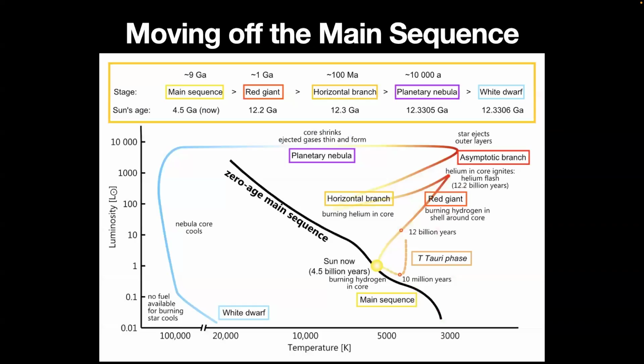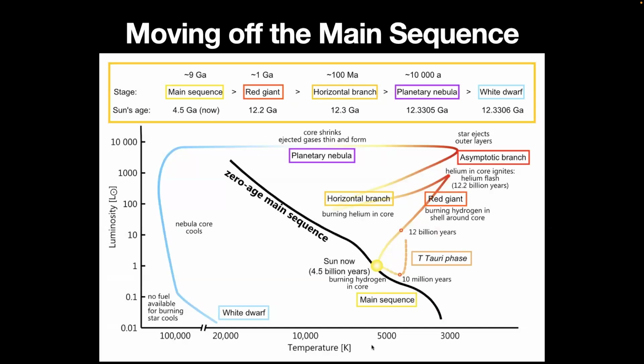As I mentioned at the beginning, exactly what happens depends on the mass of the star, and we're going to focus on low mass stars for now. Low mass in this case means about 8 times the mass of the sun, or 8 solar masses, or less. Okay, so we have a star on the main sequence.